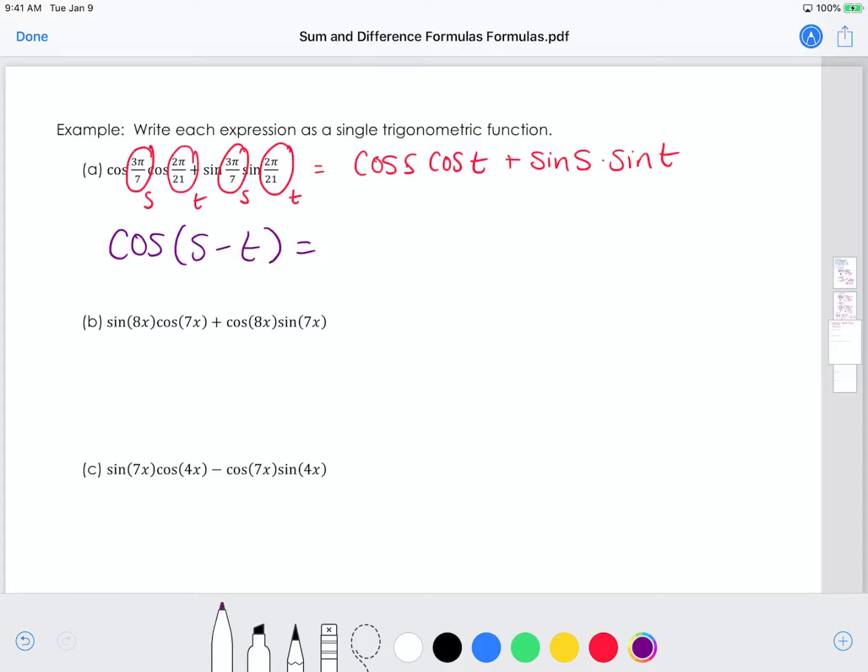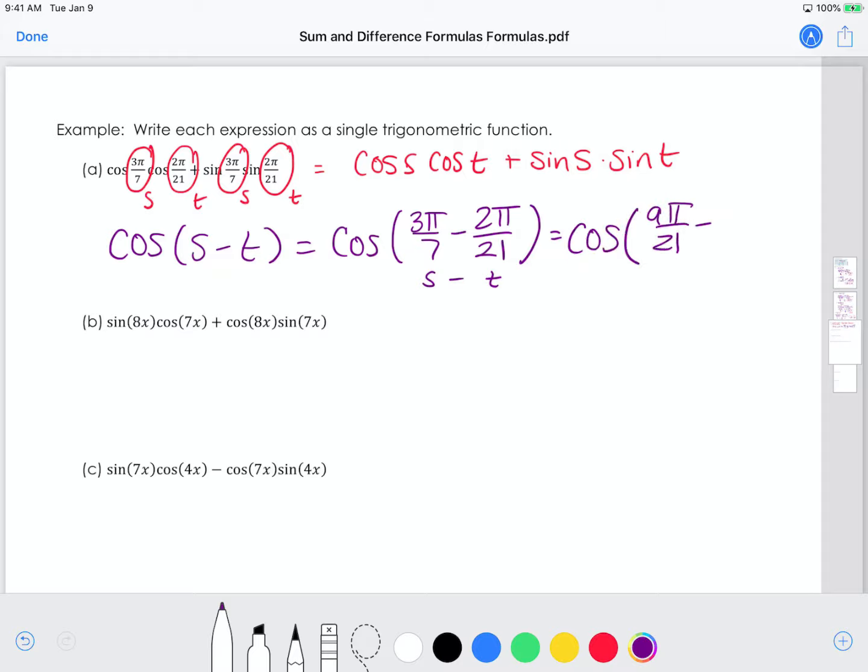So cosine of S minus T would be cosine of 3 pi over 7 minus 2 pi over 21. This is my S, that's my T. Now we can combine those. If I make a common denominator, if I multiply the 3 pi over 7 on the top and the bottom by 3, that gives me 9 pi over 21 minus 2 pi over 21.